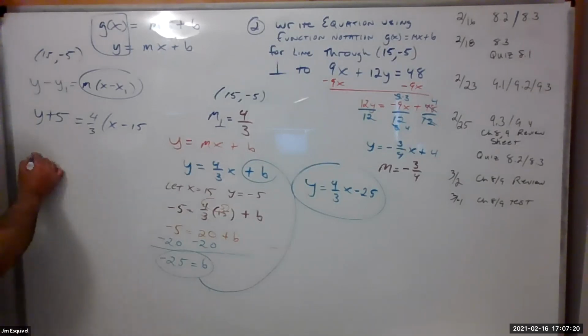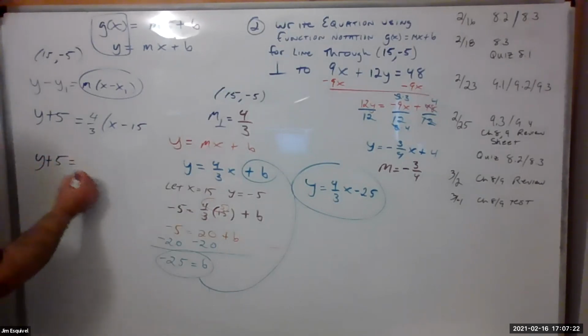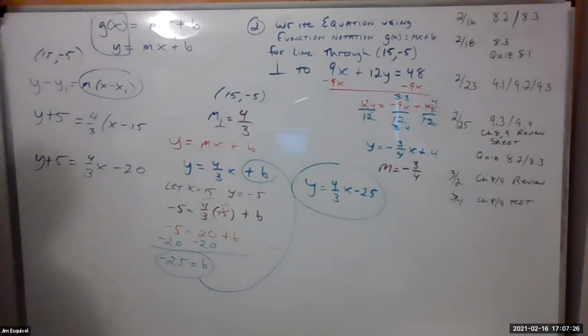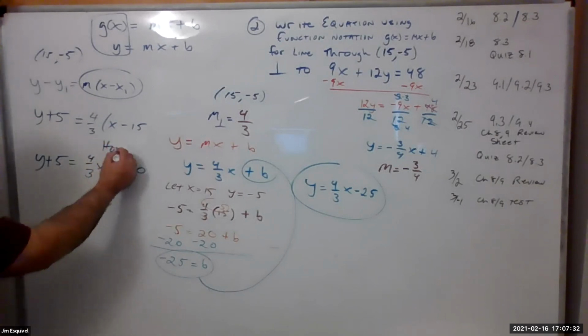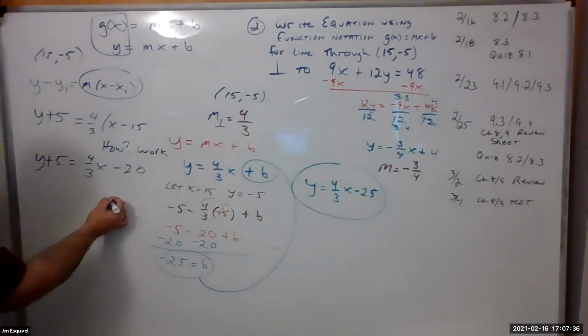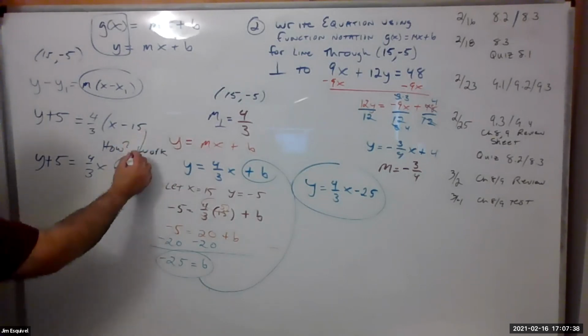And then the next thing I see is y plus 5 equals 4/3 x minus 20. And I'm going, how? Work. How did you get this from here?